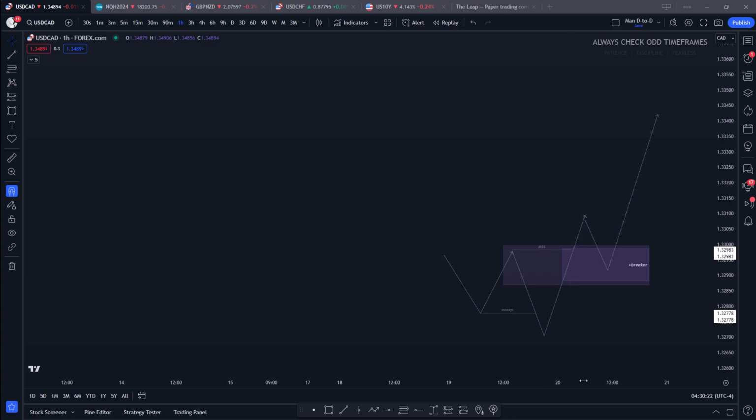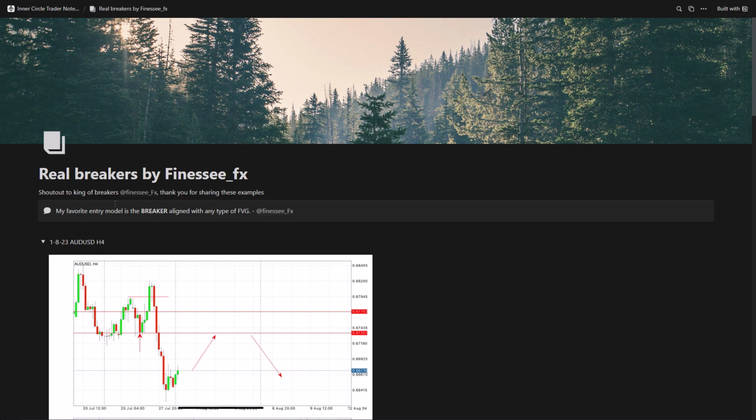So let's go over a few examples. I'm not going to go through all of them, just a couple of them, and hopefully with this explanation and those examples, an ICT breaker would make complete sense to beginners, intermediate traders, and hopefully advanced traders. So this is what her post looks like.